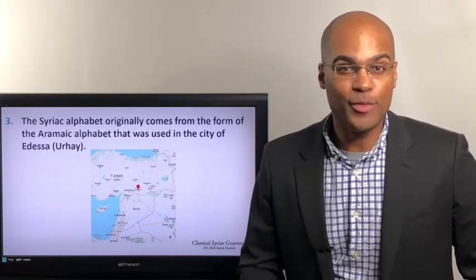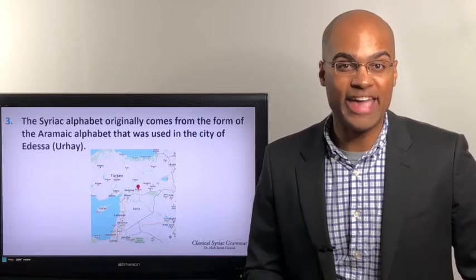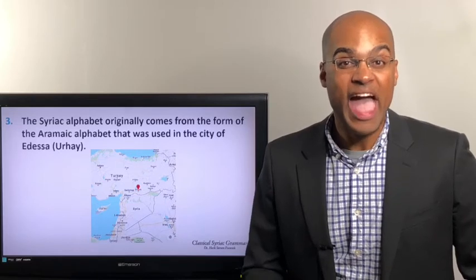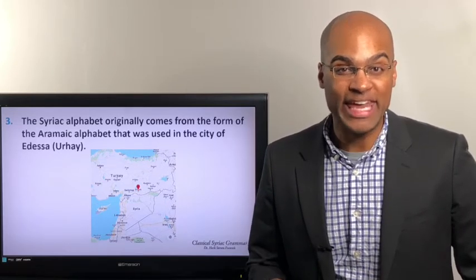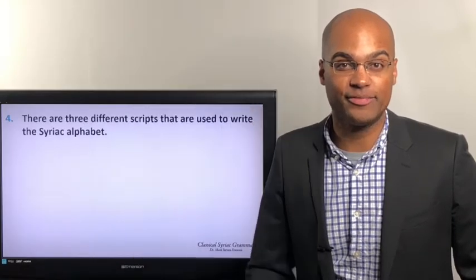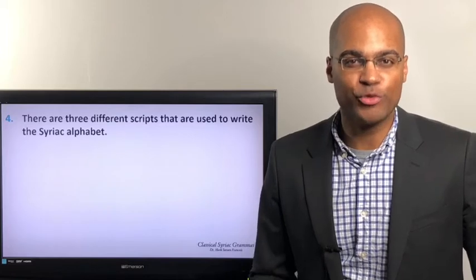So the alphabet that we have for Classical Syriac is the form of the Aramaic alphabet that was used in and around the city of Edessa, and it ended up spreading because of the influence that Edessa had on Aramaic-speaking Christianity.